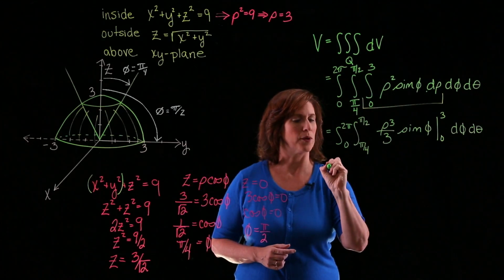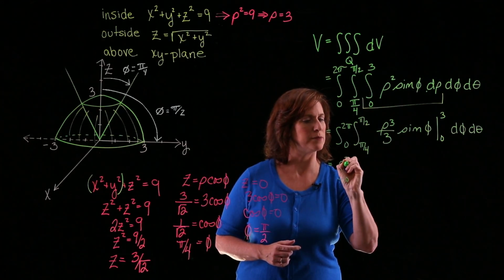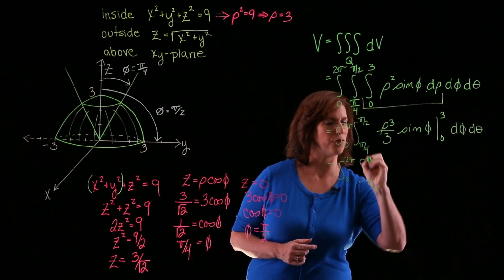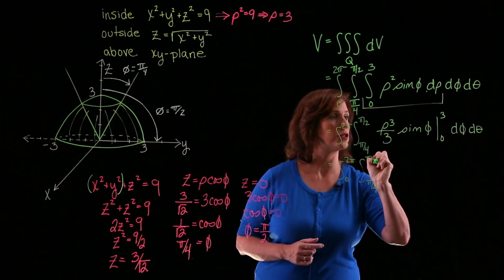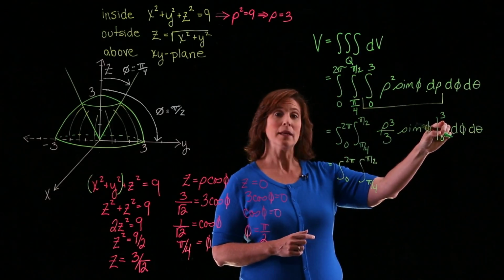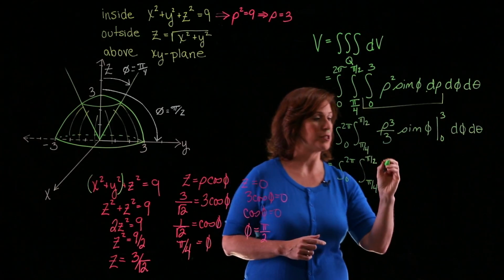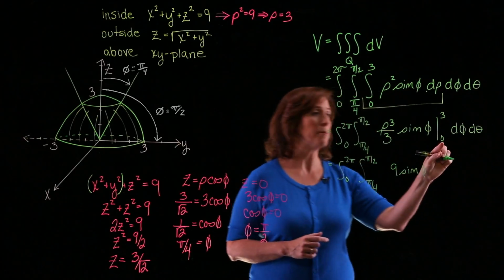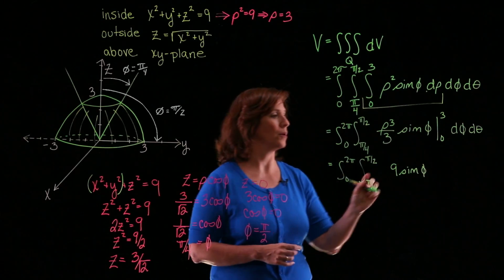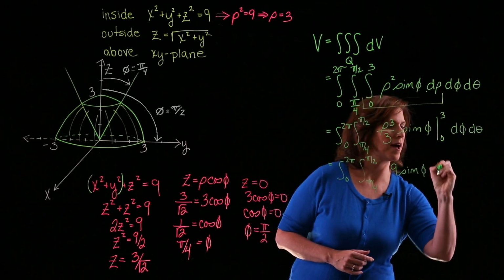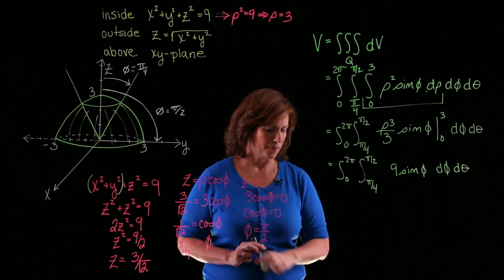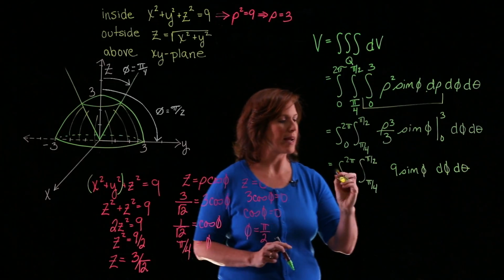Plugging in the upper limit, I'll have 27 over 3, which is 9 sine phi. When I plug a 0 in, I just get 0. So 9 sine phi d phi d theta.